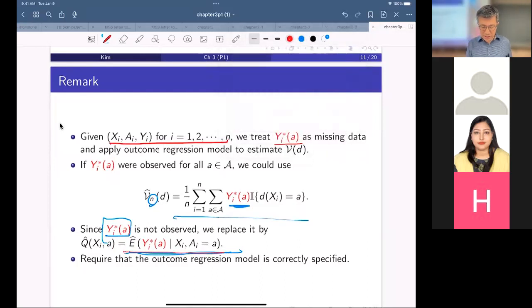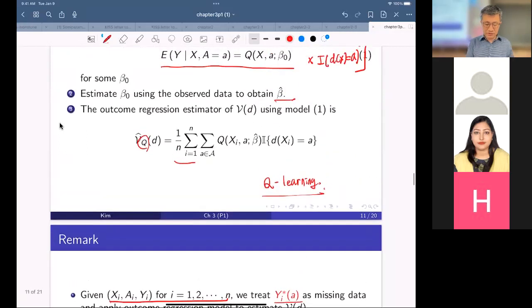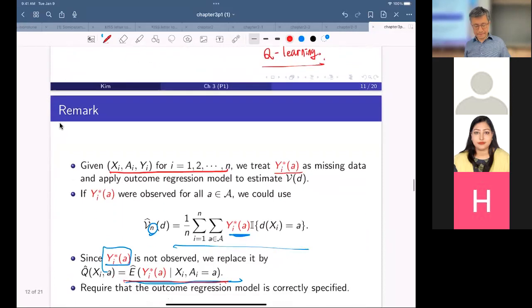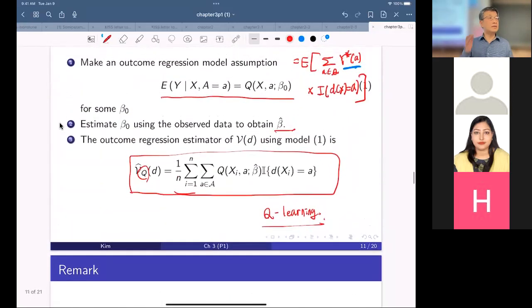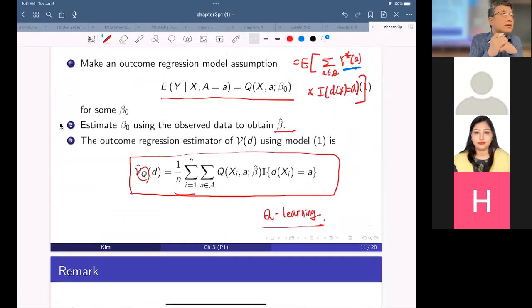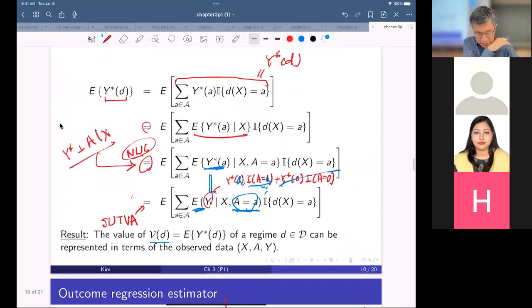That is basically the idea for this estimator. So Q-learning actually does not require the positivity assumption, right? Well, that is the same story.